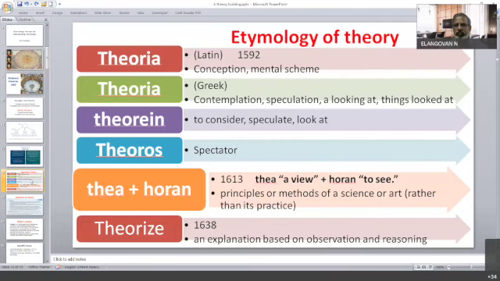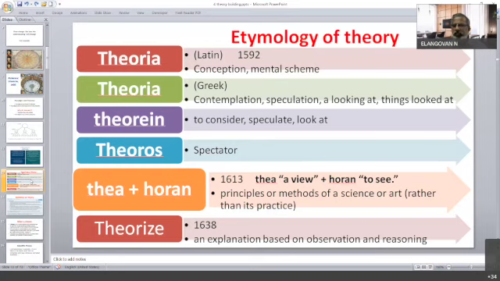Then in 1613, it became theory, meaning a view to see, that is, the principles or methods of science or art. So how do we see something?